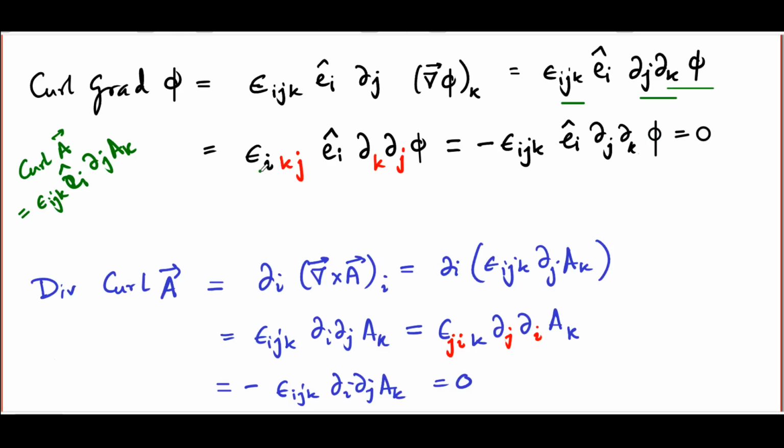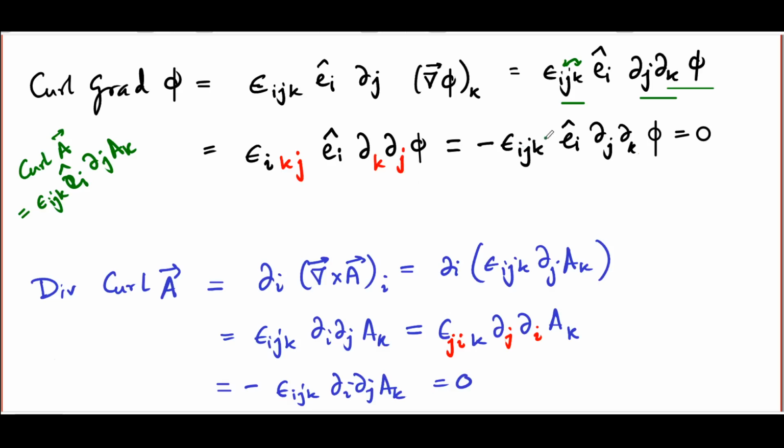So I could call this epsilon_ikj e_i, I've not changed that, del_k del_j phi. But now notice that epsilon_ikj is the negative of epsilon_ijk, because there's a single flip of j and k. May takes you from here to here, so you get a minus sign.